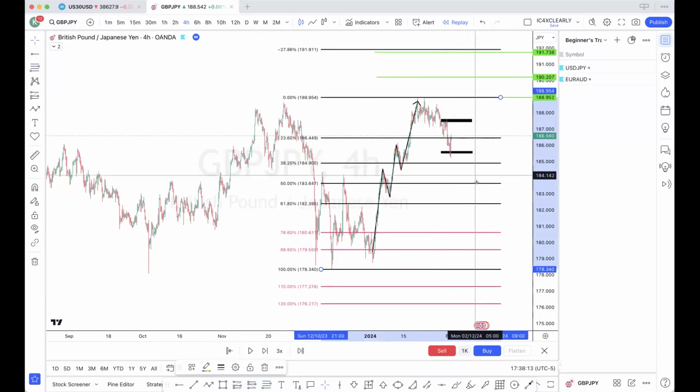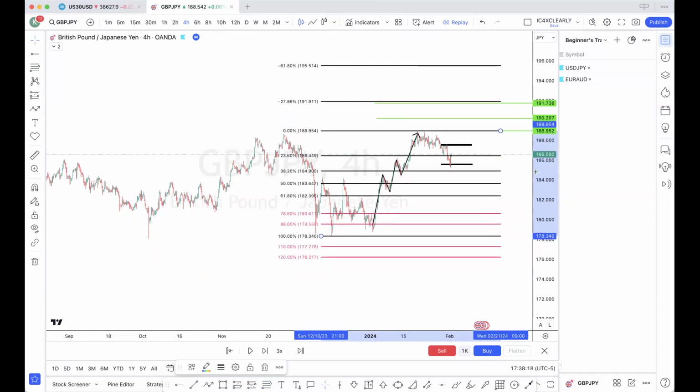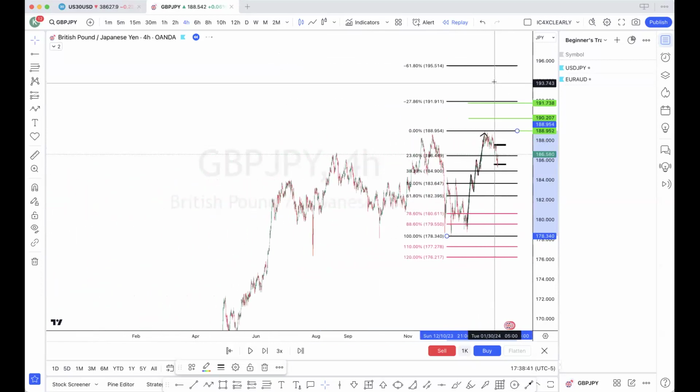So you would wait for price to pull back to here to then continue it up to, which was the -618 from this minor swing, from this last swing, or up here to 195.5 for the last move, right?